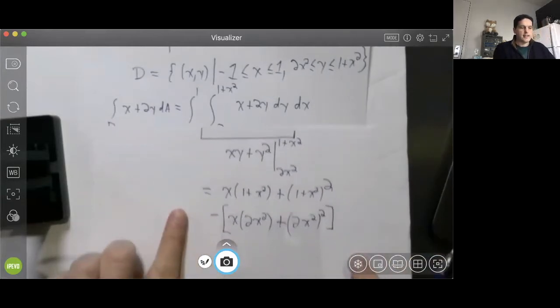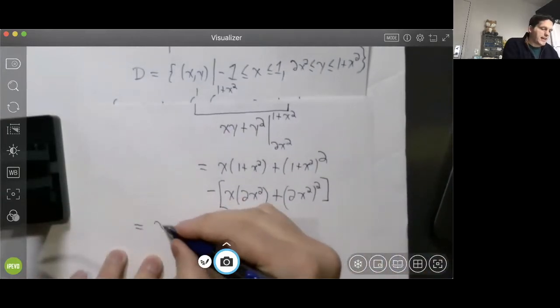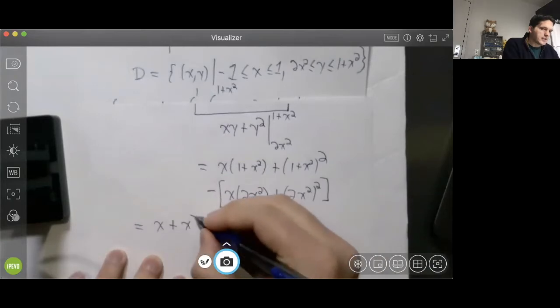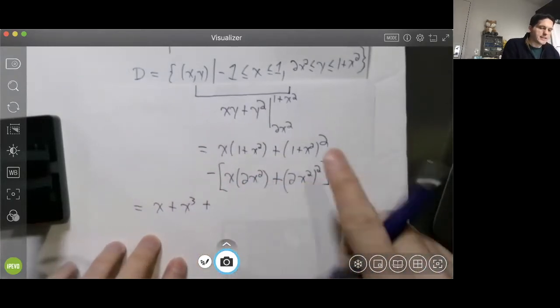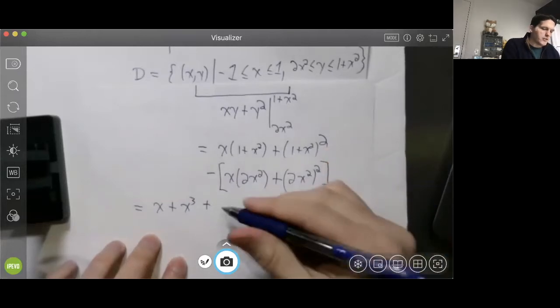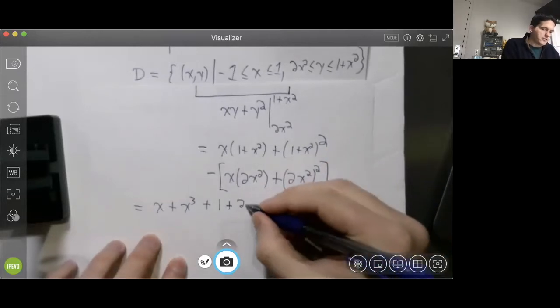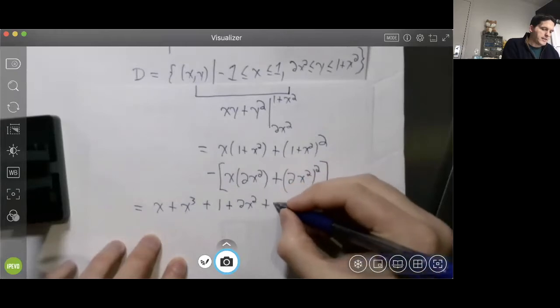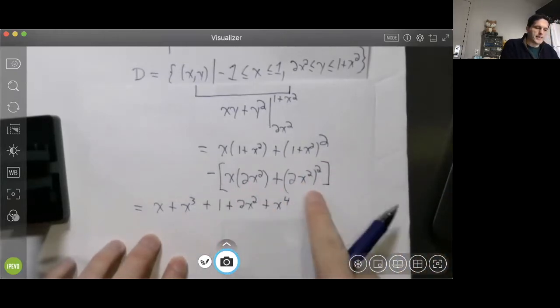Now let's just expand and simplify. So this is equal to x plus x cubed plus, and let's expand this, 1 plus 2x squared plus x to the 4th. And now let's distribute this minus sign.